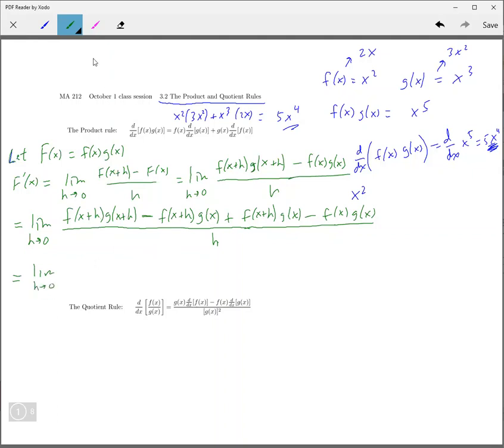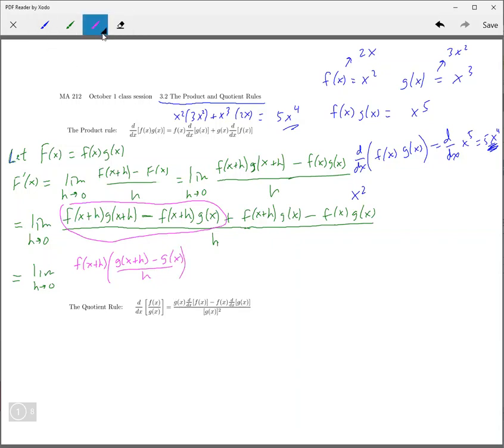Now this part, I can factor an f of x plus h out, and I'm left with g of x plus h minus g of x all over h.